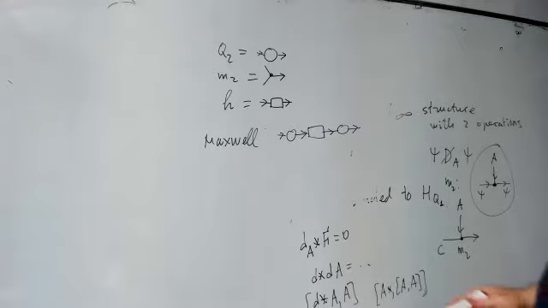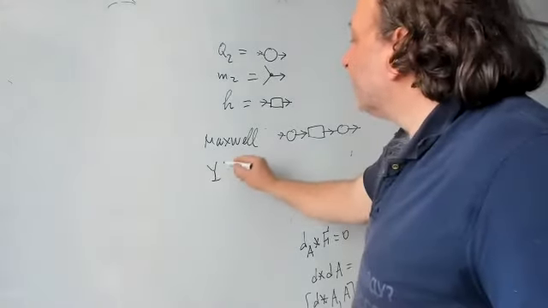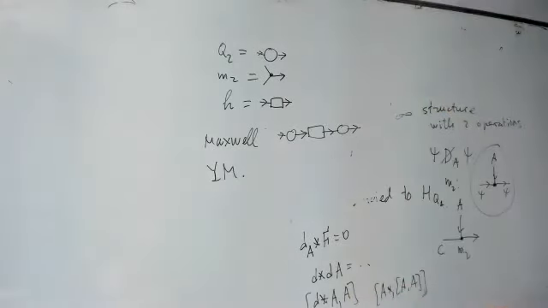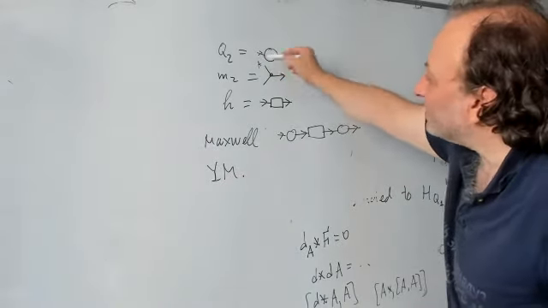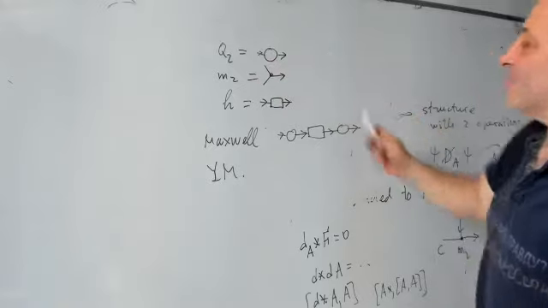Now, to get Yang-Mills, we just have to replace this by this with A coming from one leg.